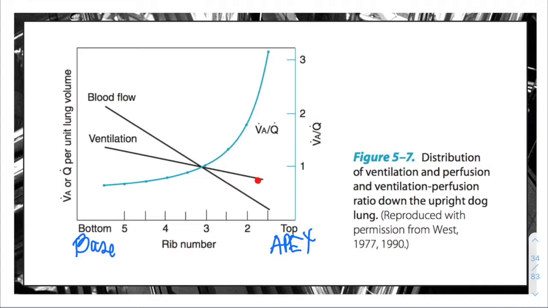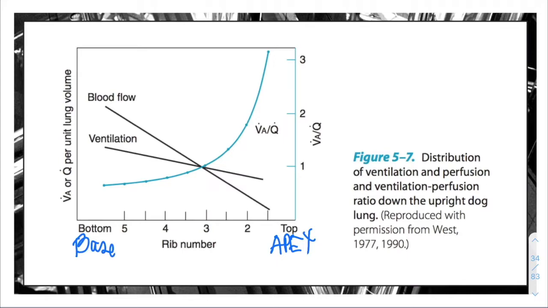There would be a greater transmural pressure in the apex. That's why the alveoli in this normal upright lung are more distended compared with the base. So there is better ventilation at the base compared with the apex.